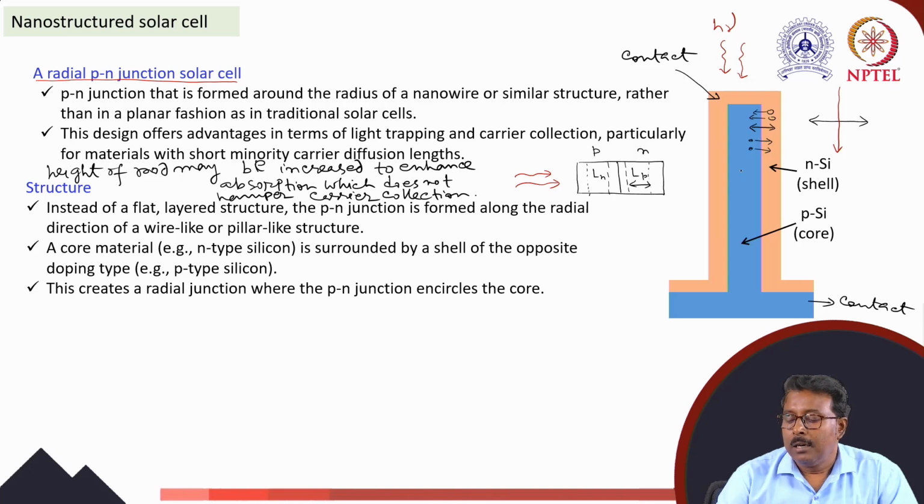due to the orthogonal direction of carrier flow and light propagation. They are independent of each other. They don't have any relation. That means you can increase the height of the rod, maintaining some mechanical stability, to increase the light absorption, whereas low diffusion length is not a factor because carriers are separated radially, and the radius of the core and shell may be kept in the order of the diffusion length.